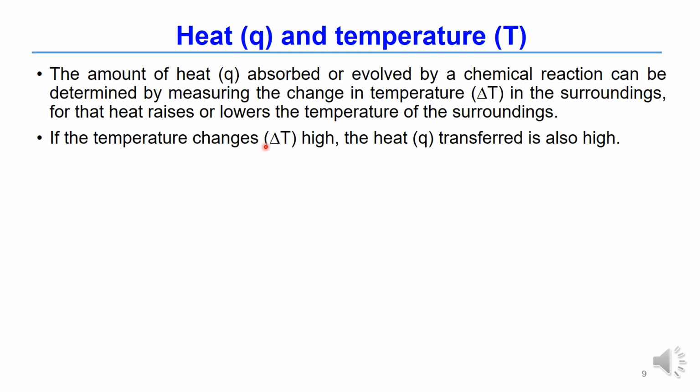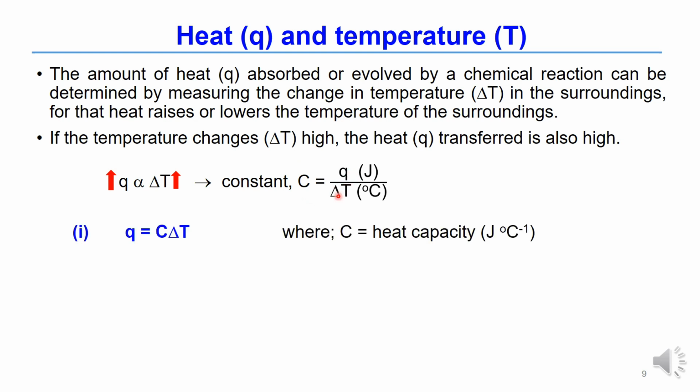If the temperature change is high, the heat transfer is also high. So from this equation, we can see that the heat is directly proportional to delta T. If delta T is increased, automatically the heat transfer is also increased. So from these equations, we can deduce the constant C is equal to Q over delta T.